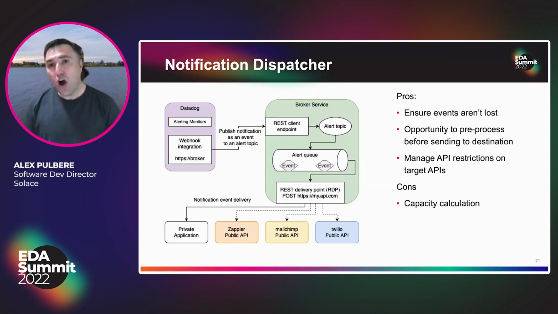The cons are that the capacity of the broker needs to be calculated to ensure it can handle the amount of incoming webhook requests, and that the queue is sized properly to fit the maximum events in case of a burst. And that would be the notification dispatcher pattern.